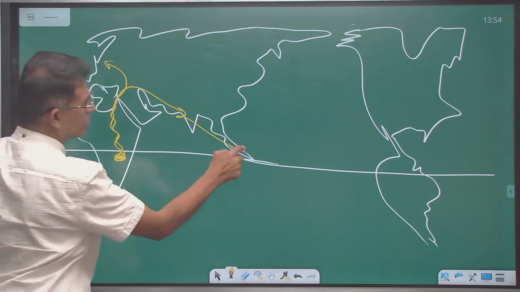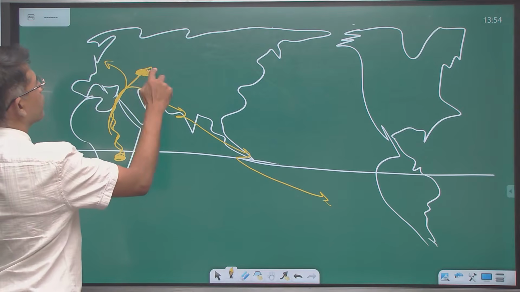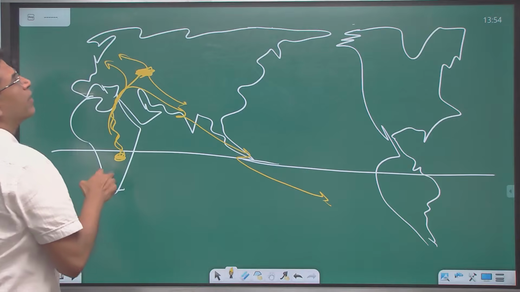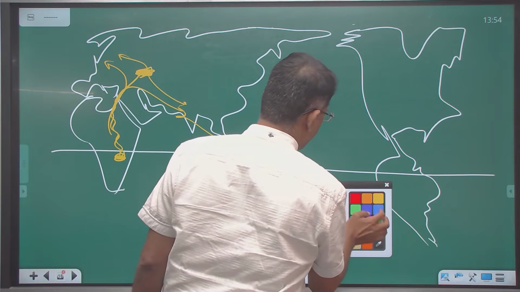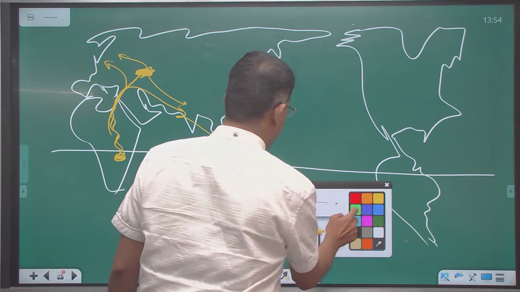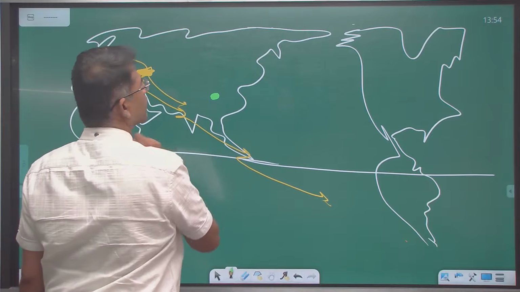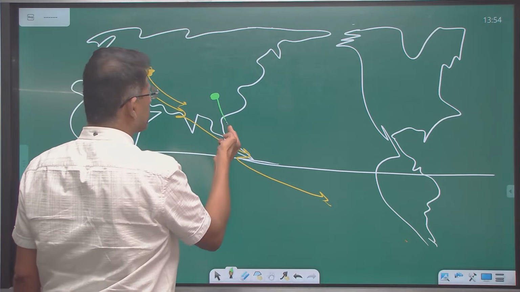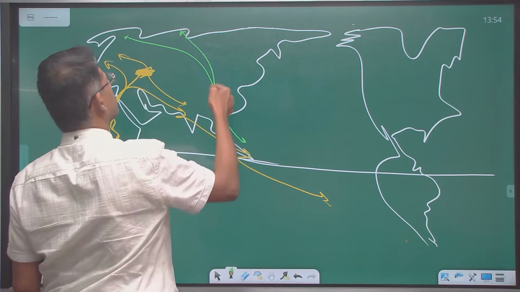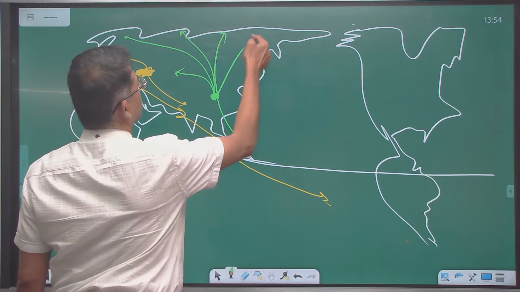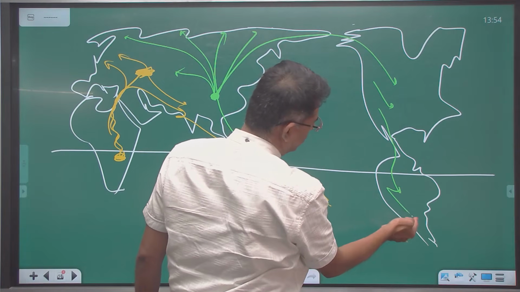One goes towards like this. One goes northwards. Then from here they came this way too. But there is a speculation that maybe we had a different evolution from here. And from here this population spreads like this. It has also gone towards this, also crossed this into North America and also into South America.